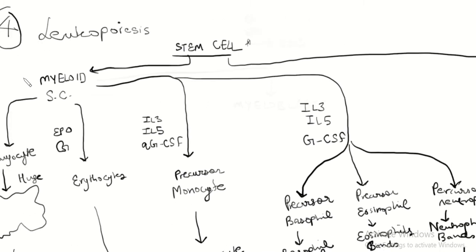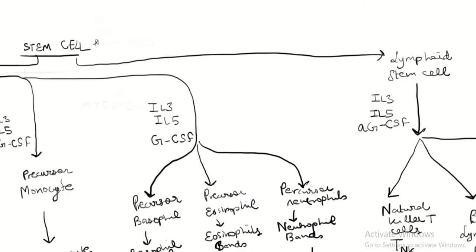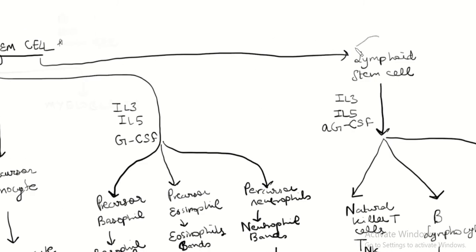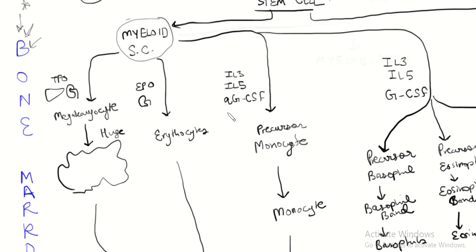One of them is a myeloid stem cell, and the other one is a lymphoid stem cell. Very, very important. Myeloid and lymphoid. Then within the myeloid stem cell, I have my liver and kidneys. They produce TPO. It's a hormone.